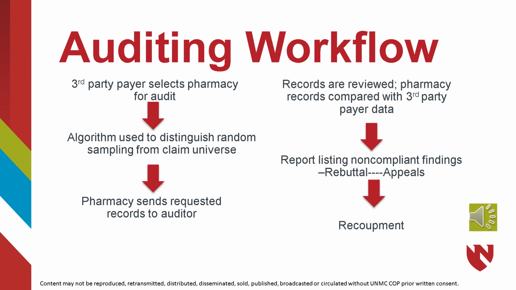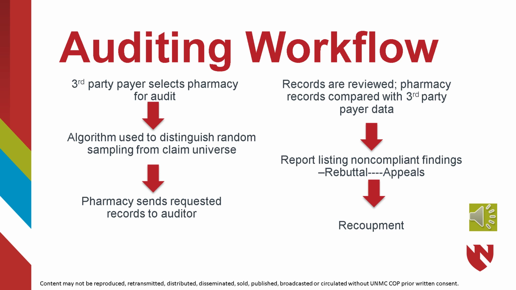This slide discusses the workflow when an audit happens within your pharmacy. Some of the things happen before the auditor will even contact the pharmacy, such as the third-party payer selects pharmacy for audit. So when this selection happens, and we'll talk about why the pharmacy may be selected for audit, but when the selection is happening, the pharmacy is not aware at this time that they will be audited.